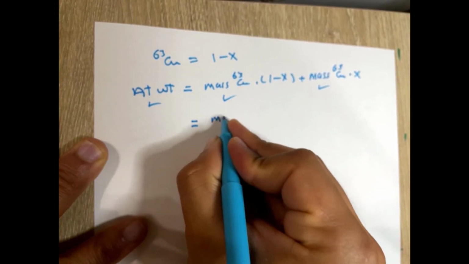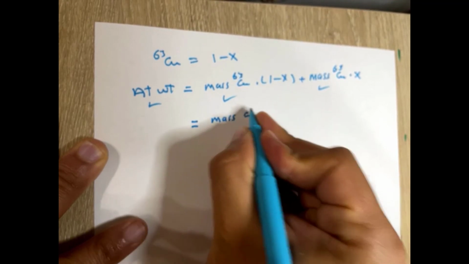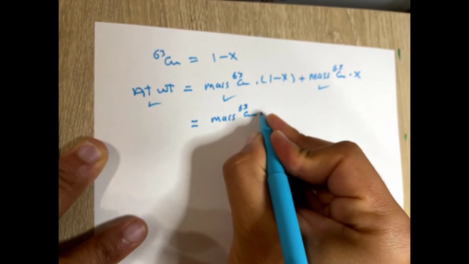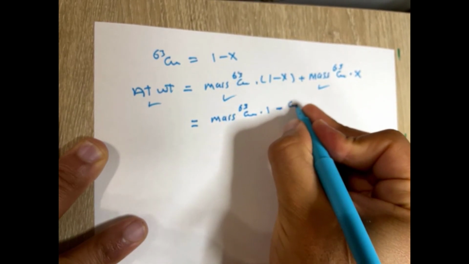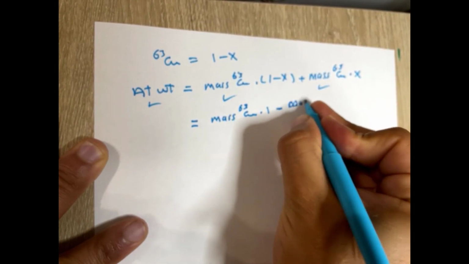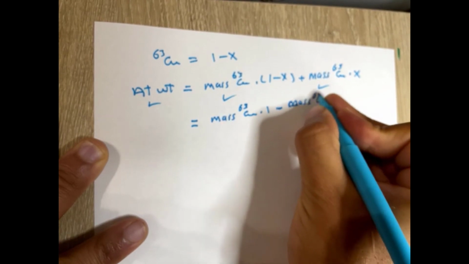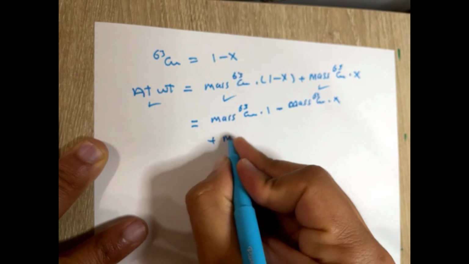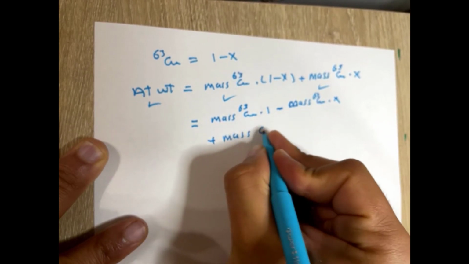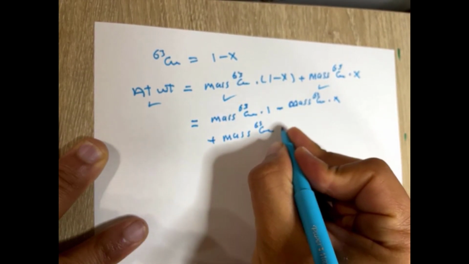So this is going to equal mass of isotope 63 times 1 minus mass isotope 63 times x plus mass of isotope 65 times x.